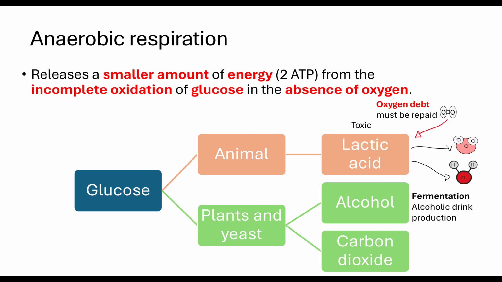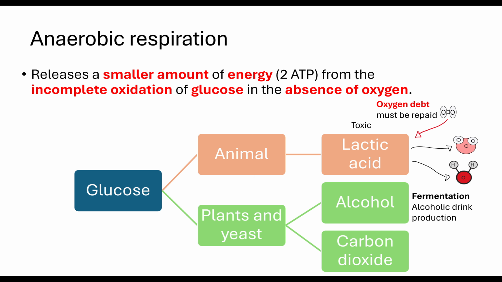So because we know that yeast, when they anaerobically respire, will break glucose down through the process of incomplete oxidation and produce alcohol, we can utilize that when we want to make alcoholic drinks.